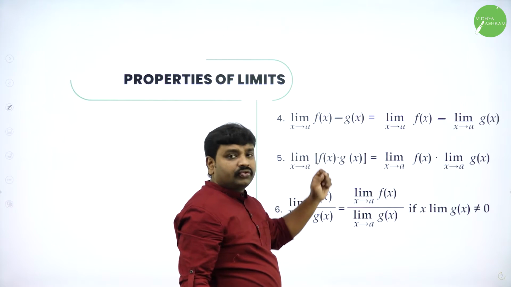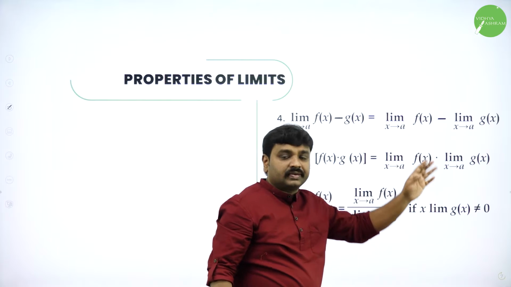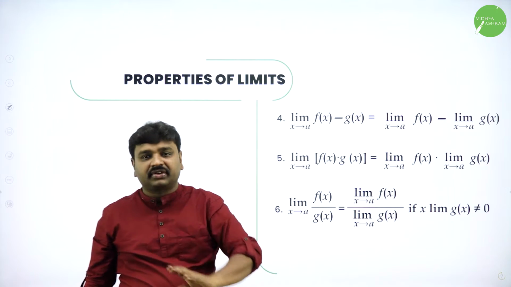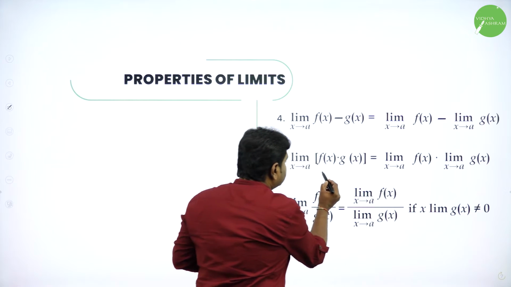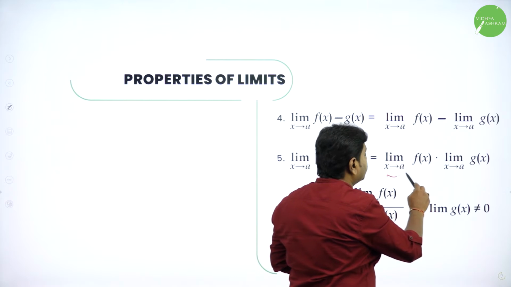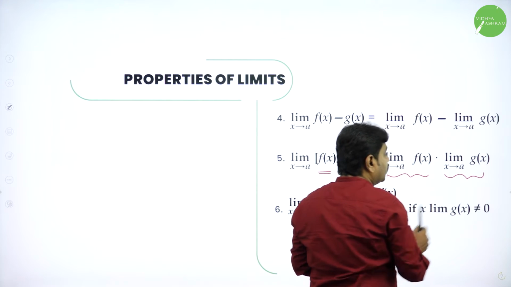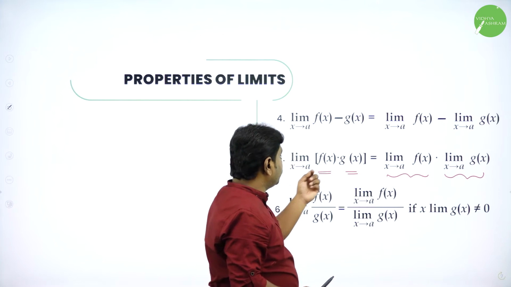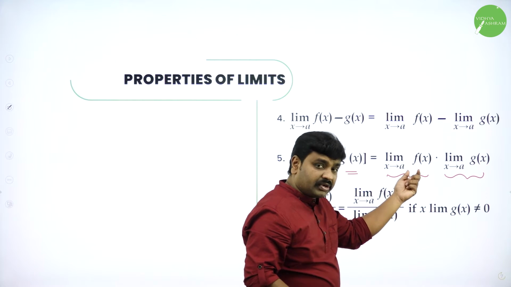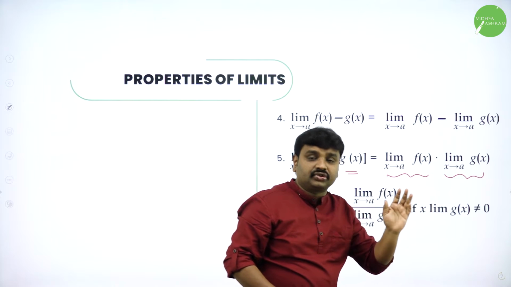If you have the difference of 2 functions, you can apply the limit to each function. Limit of f of x minus g of x is limit f of x minus limit g of x. And if you have the product of 2 functions, interesting, you can apply the limit to each function. Limit x tends to a of f of x into g of x can be written as limit x tends to a of f of x separately into limit x tends to a of g of x.